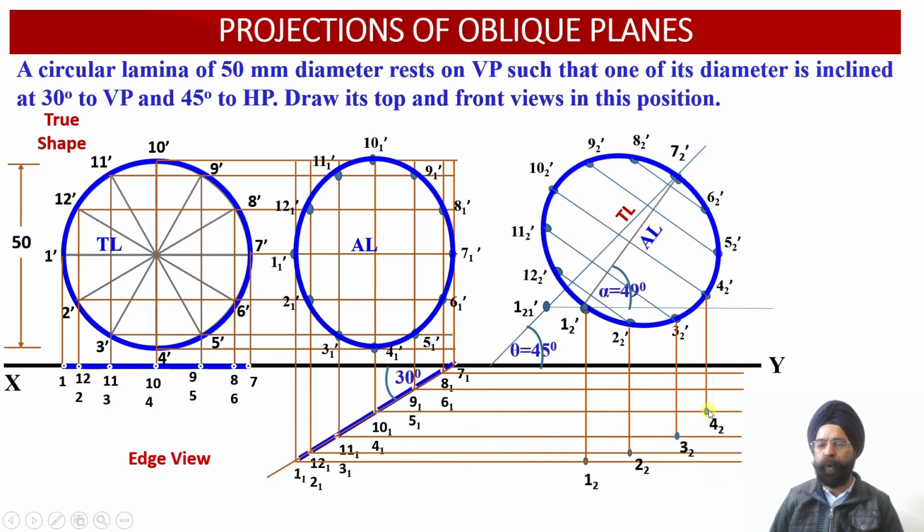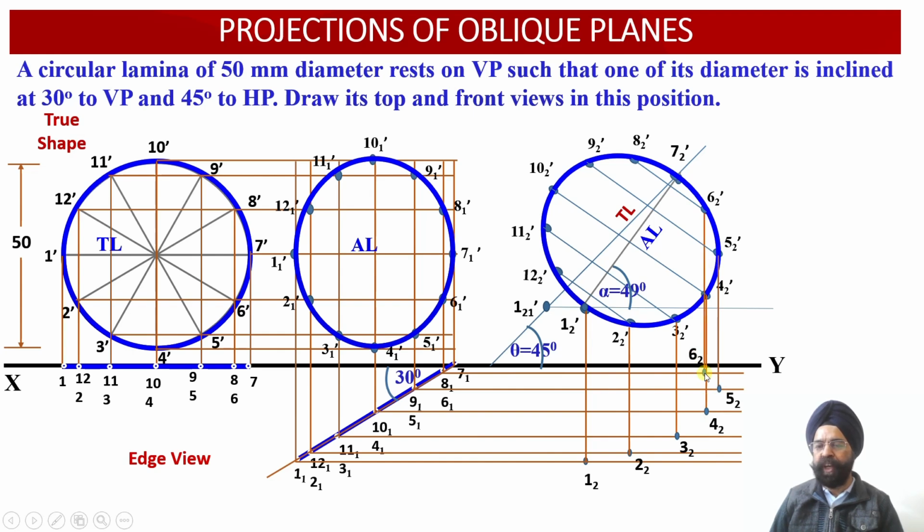Similarly, point 4 2. Here we get the vertical projector from 4 2 dash, and this is the horizontal projector from 4 1. So this intersection point will yield us the location of point 4 2 over here. Similarly, point 5 2 has been located over here by virtue of the intersection of the vertical projector from point 5 2 dash and the horizontal projector from 5 1.